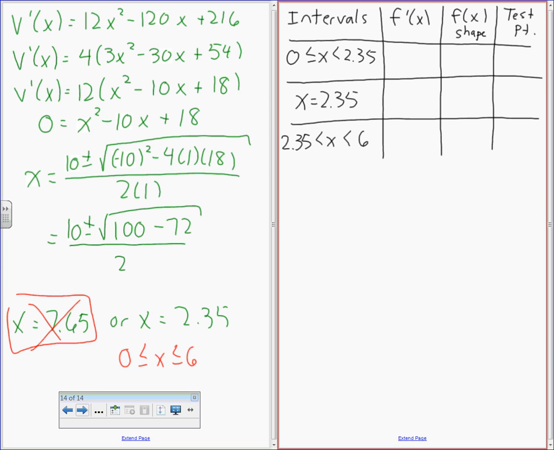When x equals 2.35, f prime of x is going to be 0. When you have an f prime of x equals 0, what does that tell you about x equals 2.35? So when x equals 2.35, the volume is at a max.